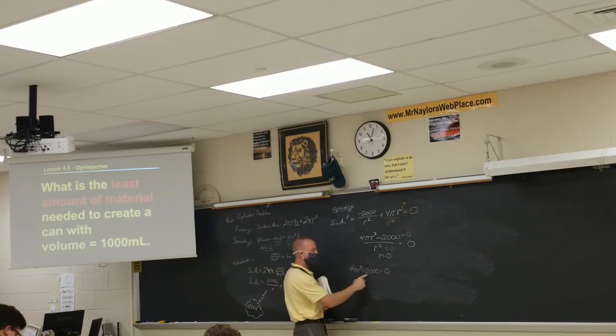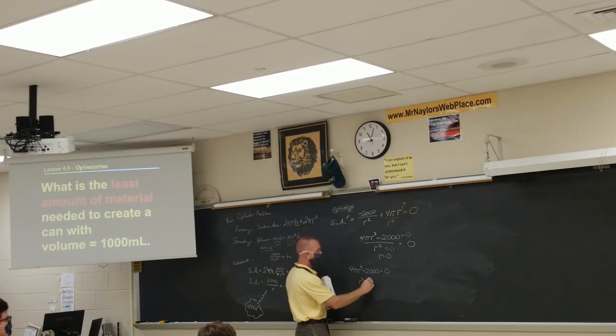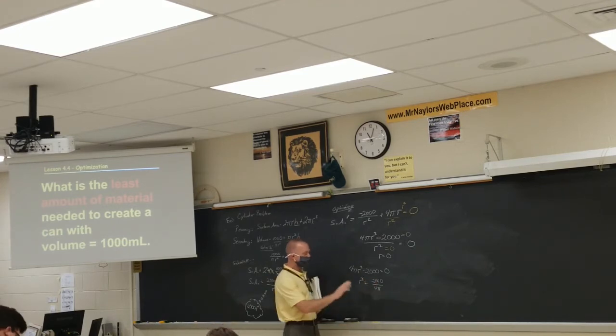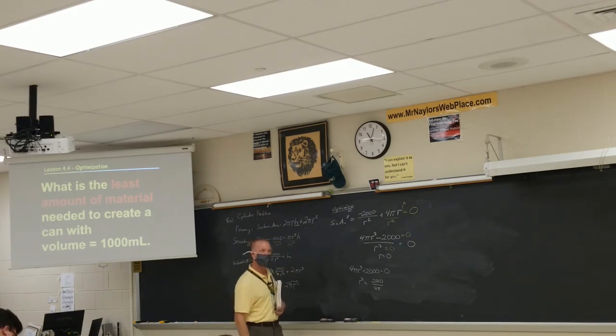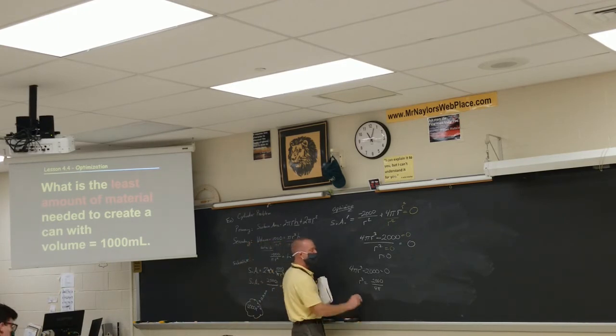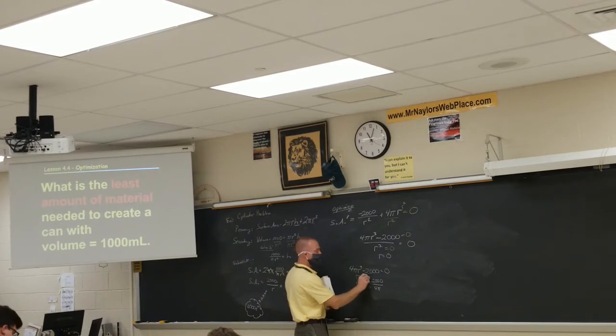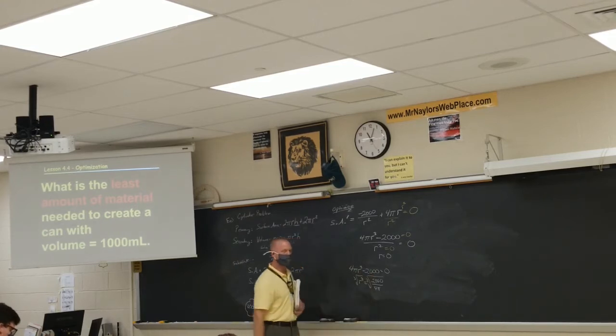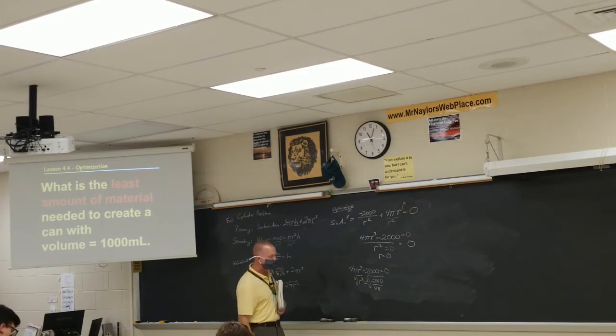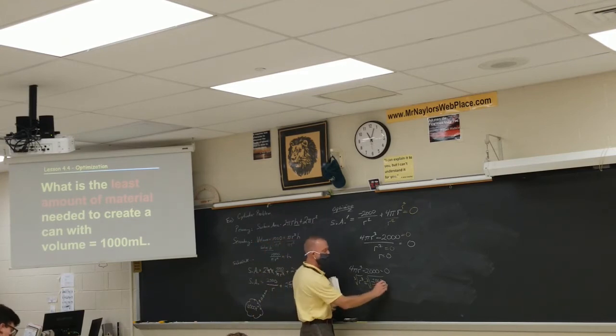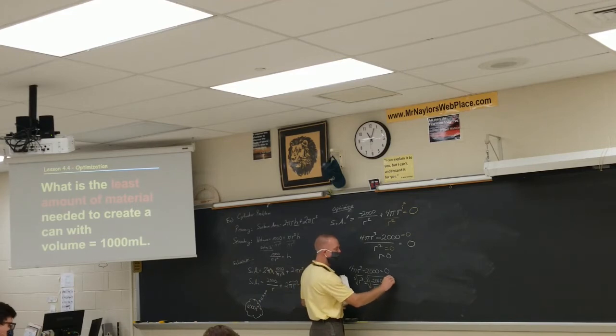I hope you add 2,000, divide by 4 pi. It's a calculator thing. I would expect that you would be using a calculator. You're going to get a decimal. You actually would have to take the cube root of both sides. If you don't like taking the cube root of both sides, remember that you can raise both sides to an exponent of 1/3.